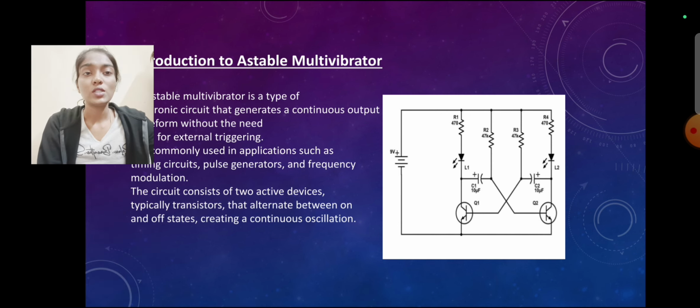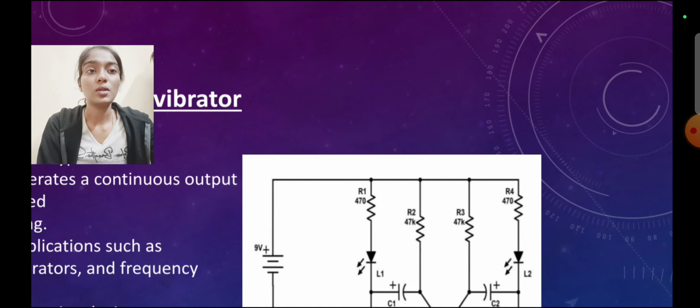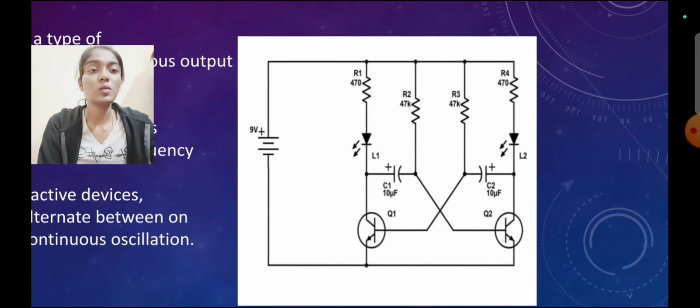The circuit consists of two active devices, typically transistors, that alternate between on and off states, creating a continuous oscillation. You can see the Astable multivibrator diagram on the screen.